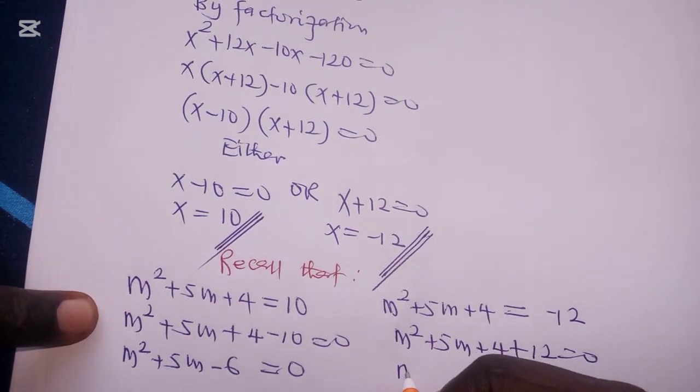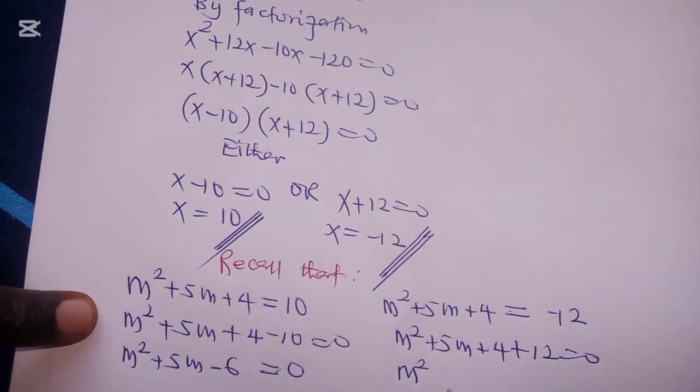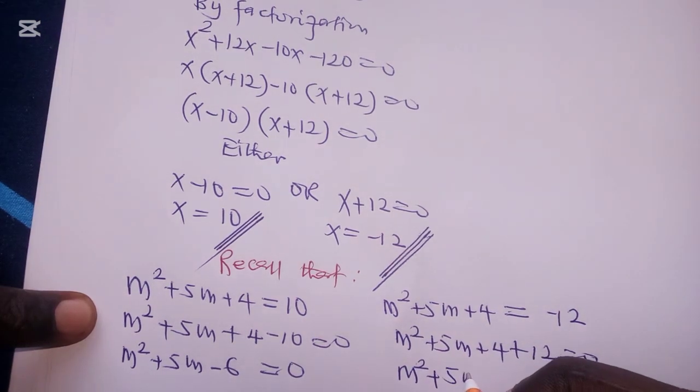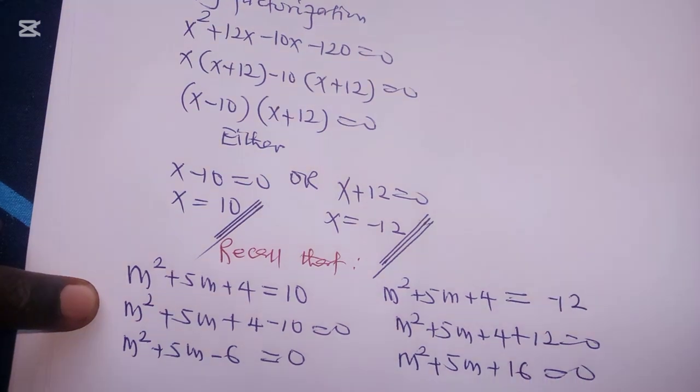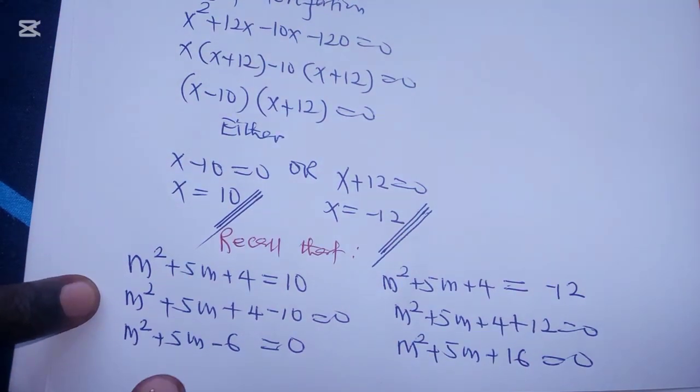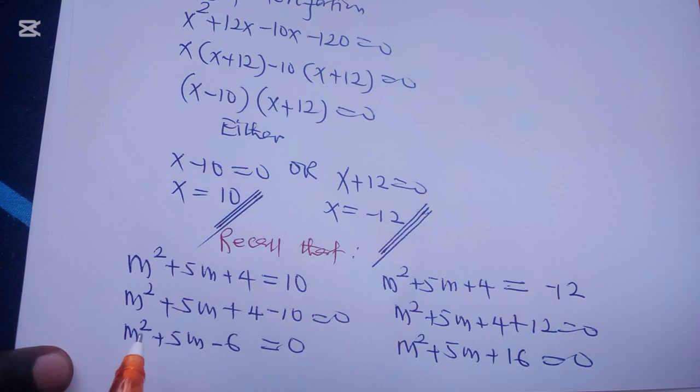Now we have m squared plus 5m plus 16 equals 0. From this point, what are we to do here? We just need to use these two quadratic equations, factorize and use the formula method, and arrive at our values of m respectively.